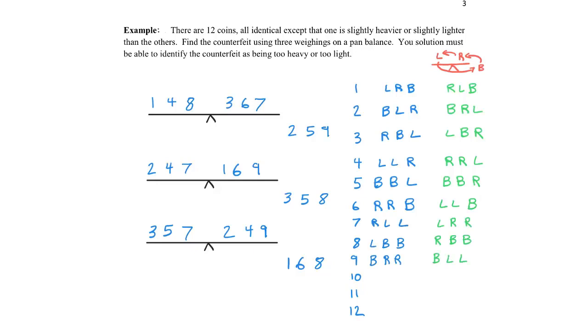Okay, so there's one more grouping left for coin 10, 11, and 12. So what we could do here is place coin 10 on the same side of the scale for the first and the last weighing. We haven't done this grouping just yet.